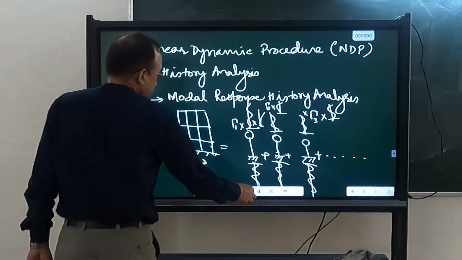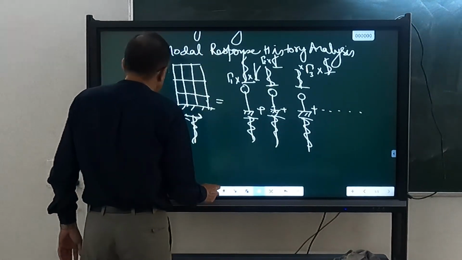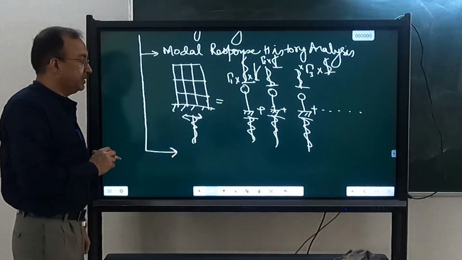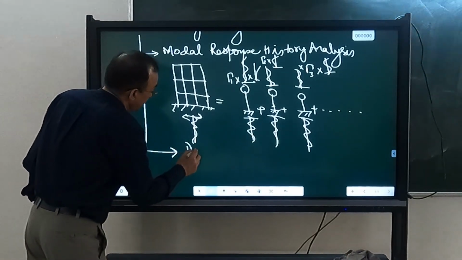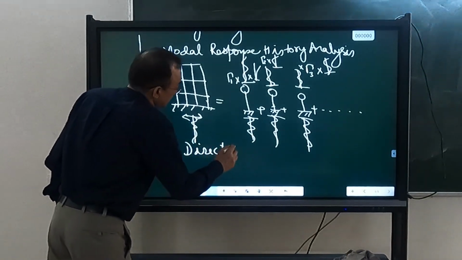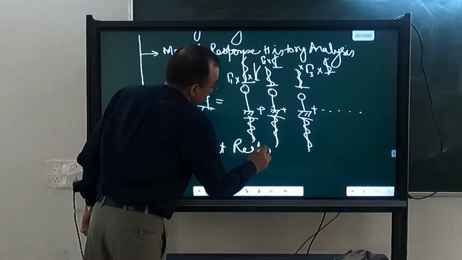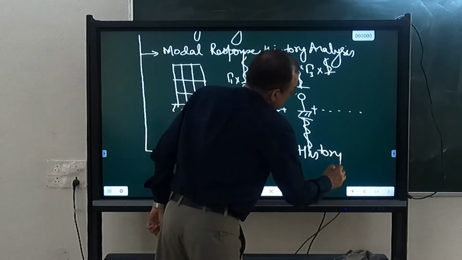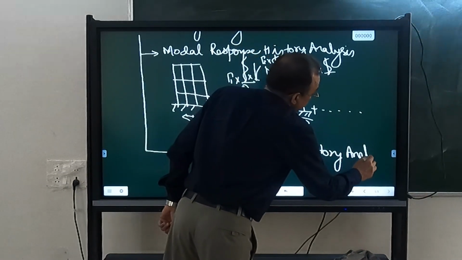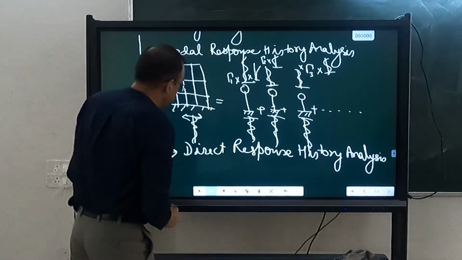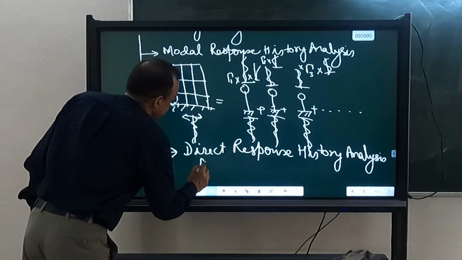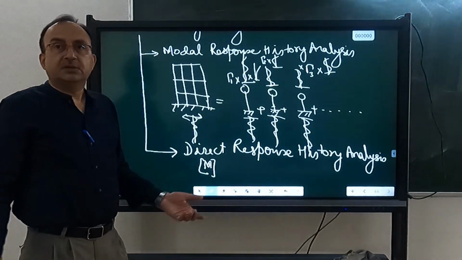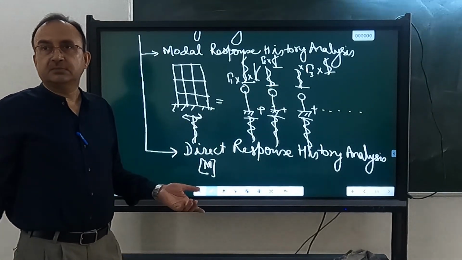The other possibility was that we were solving the equation of motion of the multi-degree freedom system directly. This we call direct response history analysis. And here we are solving the equation of motion directly in matrix form. In a single degree freedom system, these quantities are scalar.